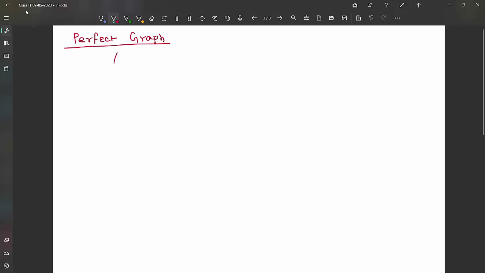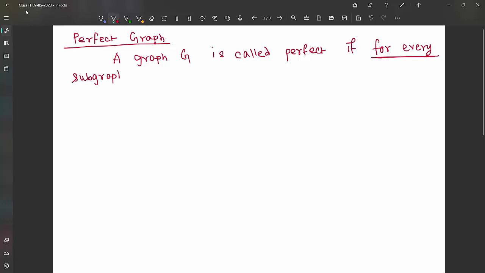A graph G is called perfect if, and this is very important, for every subgraph H of G, W of H, that means the clique number of H, is equal to the chromatic number of H. If this holds, then we say that this graph is a perfect graph.